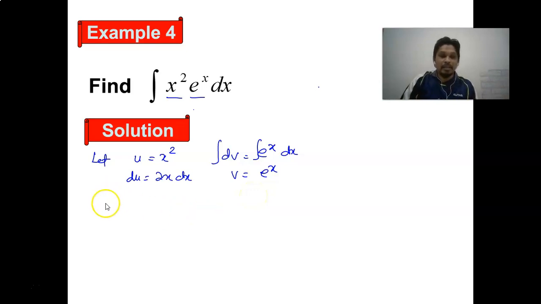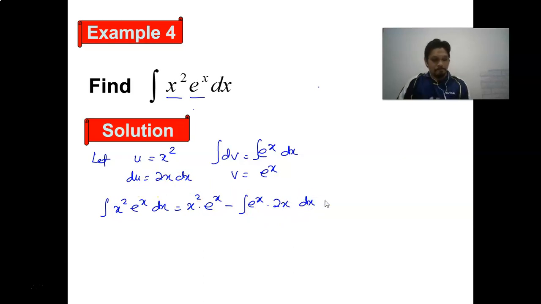So then the integral of x squared e^x dx equals uv, x squared times e^x, minus the integral of v, e^x, du equal to 2x dx.